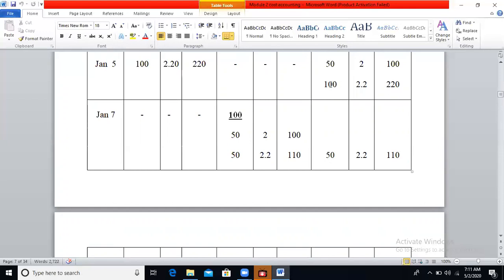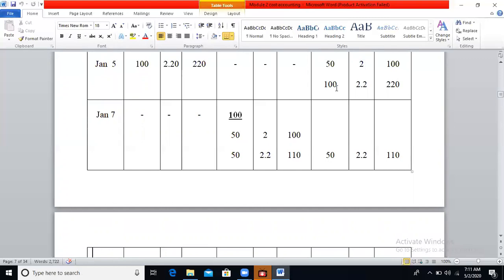So out of 100, we need only 50 units because out of the first opening stock balance, we have already issued 50 units. Remaining, I want only 50 units. So that will be issued from the purchase of 100. So out of 100, we have issued 50 units at rupees 2.2. The value will be 110. So 50 units at 2 rupees, we have already issued completely.